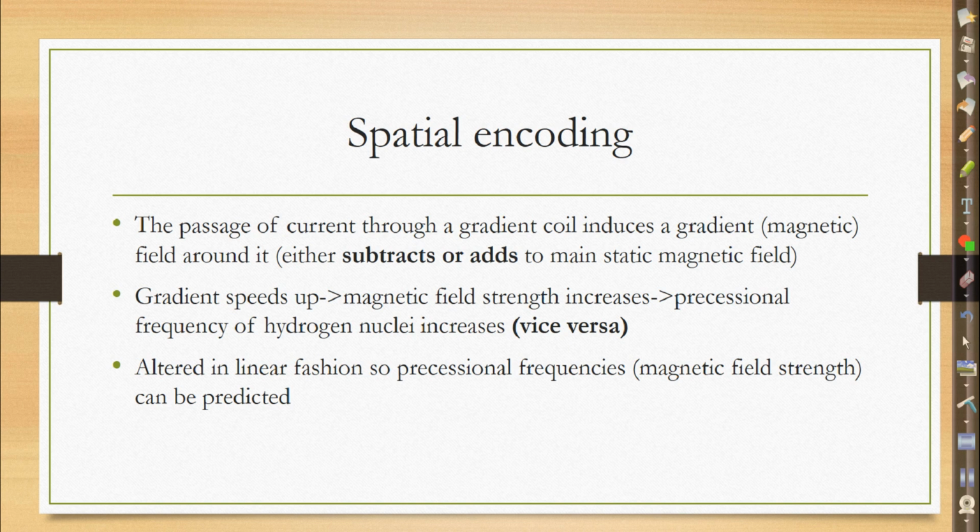With MR, we can keep them right in the middle, and if we want to excite a slice up here, we just apply a little bit higher current. Our precessional frequency is a little bit more now, so we excite the hydrogen protons within this slice. If we want to move down a slice a little bit lower, we just reduce the amount of current, or we just select an RF band that's a little bit lower in precessional frequency. And we can do that all the way down through all our slices.